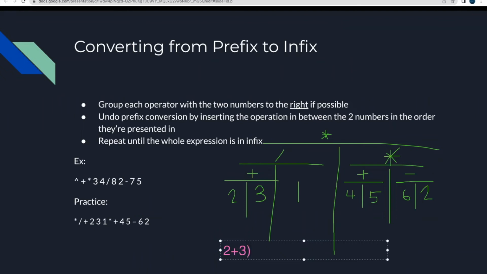I'm going to put more parentheses here, divide by 1, and then times. Okay, remember, go down all the way to the left first. So 4 plus 5, 4 plus 5, and then times 6 minus 2. Maybe you could also be careful to put parentheses here, because if this were a division sign, then that would actually be necessary.